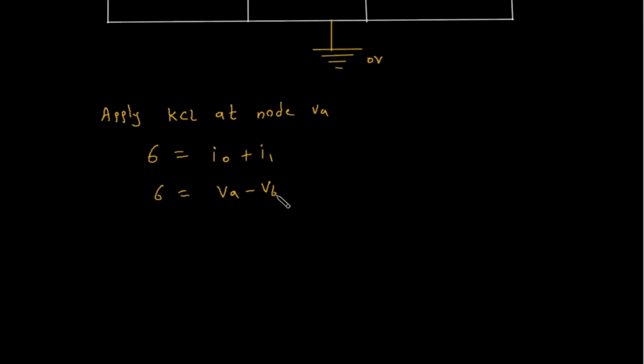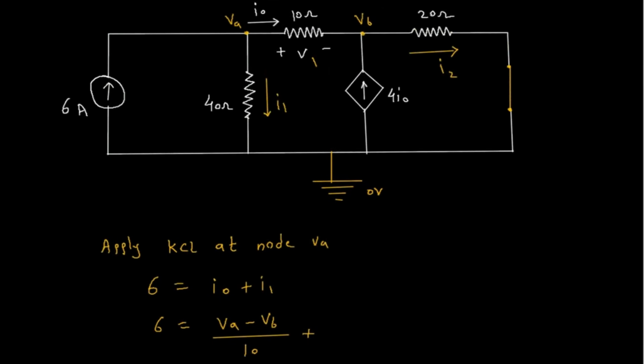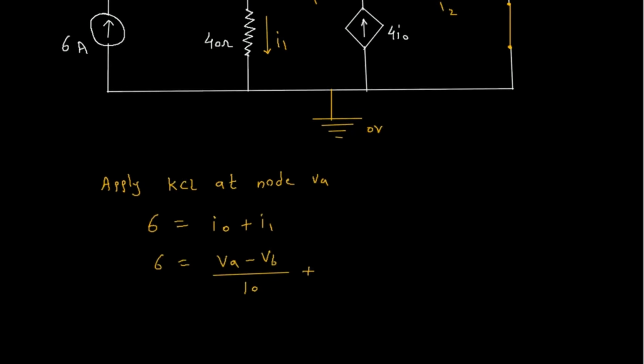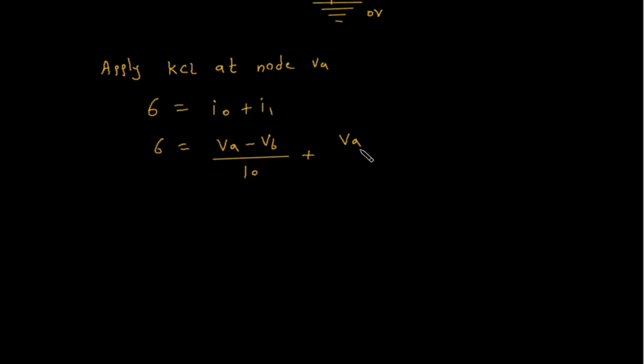VA minus VB by 10 plus I1, which is VA minus 0 by 40. So this will be VA by 10 minus VB by 10 plus VA by 40 is equal to 6.